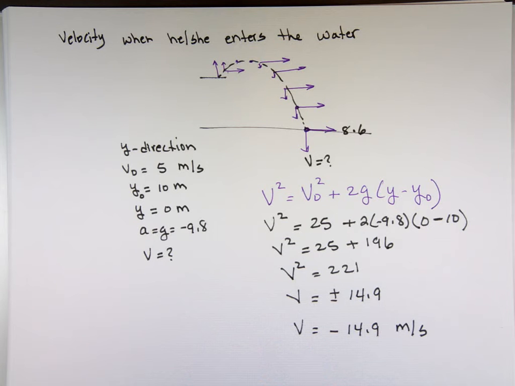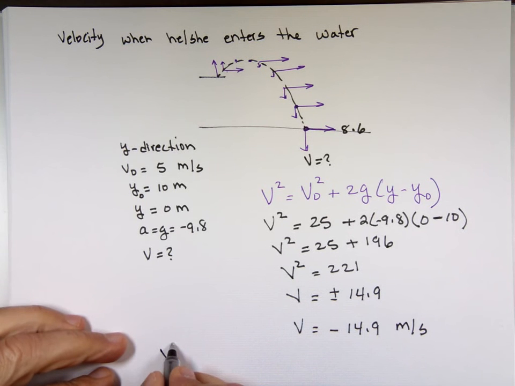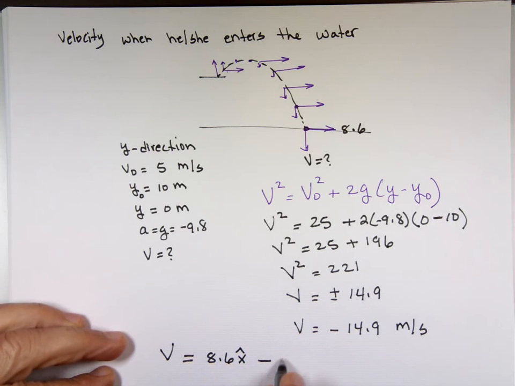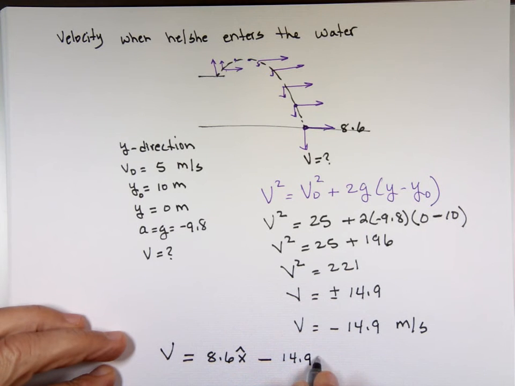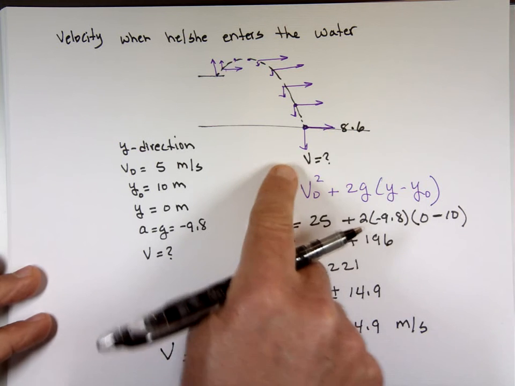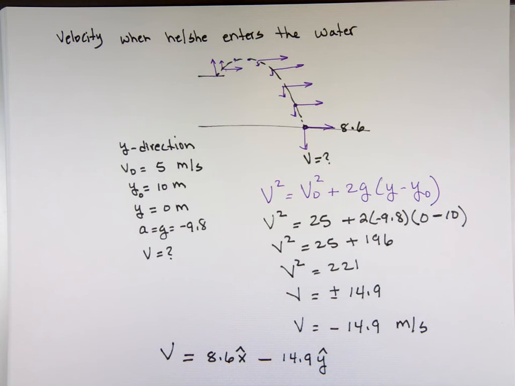So what is your velocity when you enter the water? The velocity has a value in the x direction of 8.6. Notice that. It also has a value in the y direction, 14.9. That's the velocity in the x direction, that's the velocity in the y direction. If they want the speed or the magnitude of that, then we're going to find r and theta.